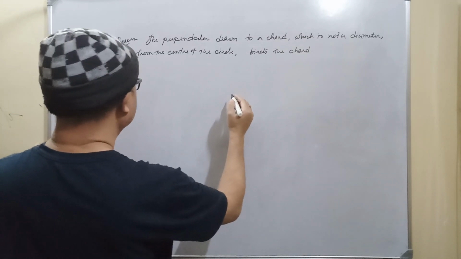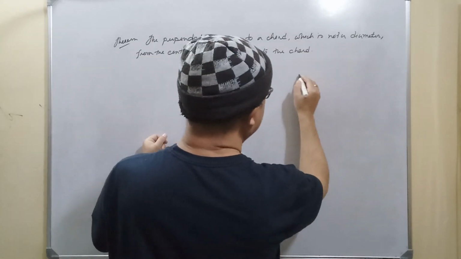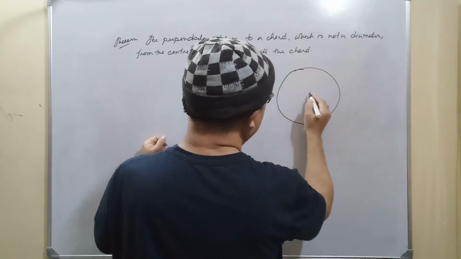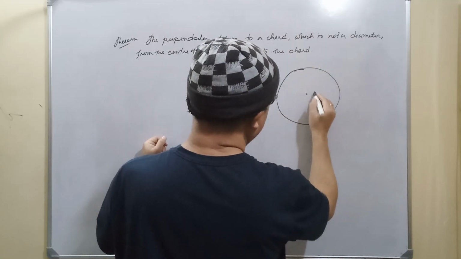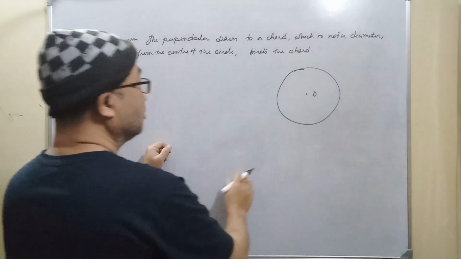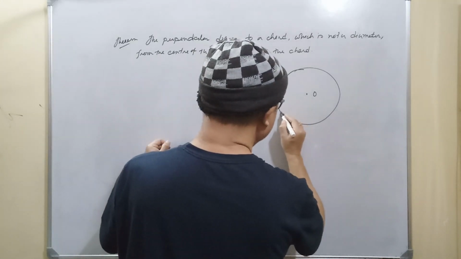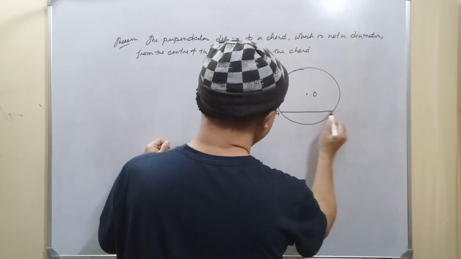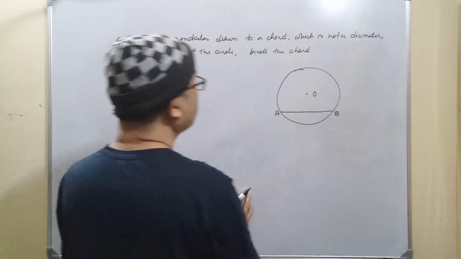Okay. Suppose this is a circle and let us draw a chord AB.